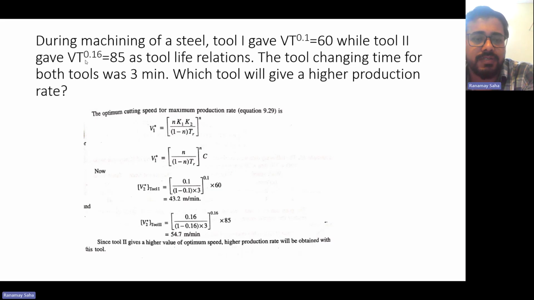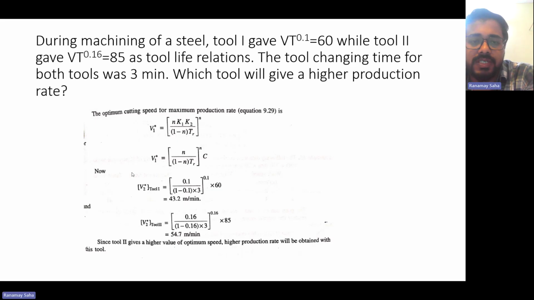For higher production rate, the maximum cutting speed is given by this equation with exponent n, and k1 k2 upon n times Tr, where Tr is the tool changing time. The constant k1 k2 to the power n can be taken out as a constant C.